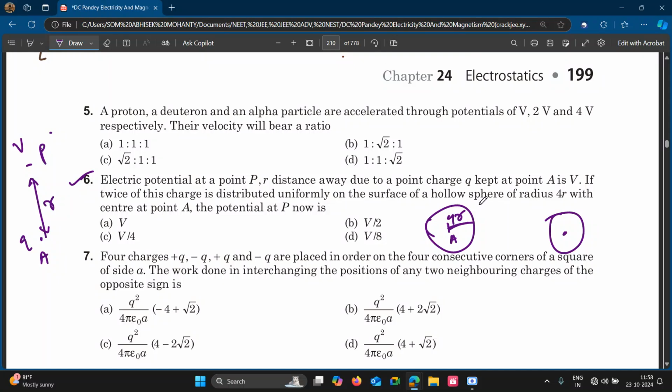Okay, let's try this question. Try to see the hollow sphere part.